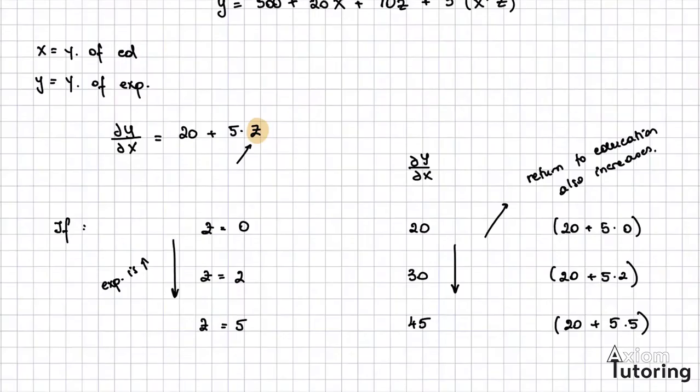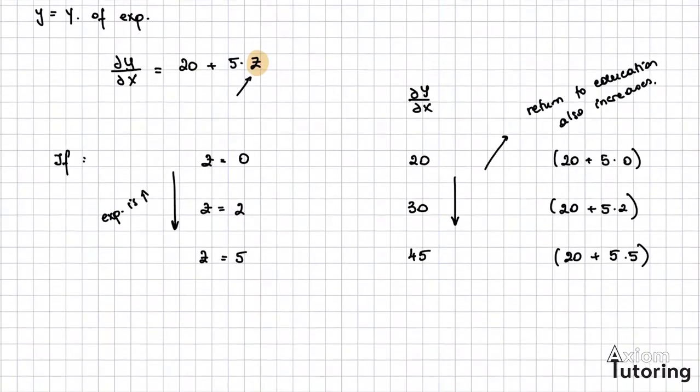So experience increasing, returns to education also increases. Now, what that means for us, because all of these numbers that we see in this table, especially in the column of the partial derivative, these are the slopes in a sense. So the slope, as we can see, is not fixed. It changes with the z.